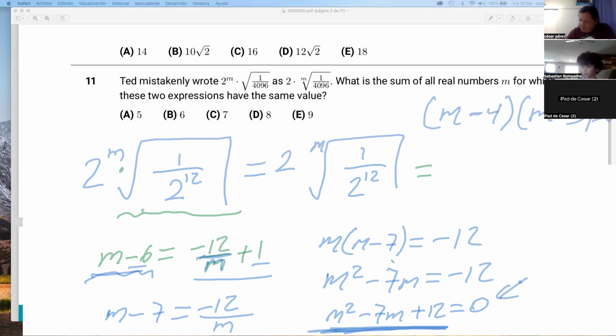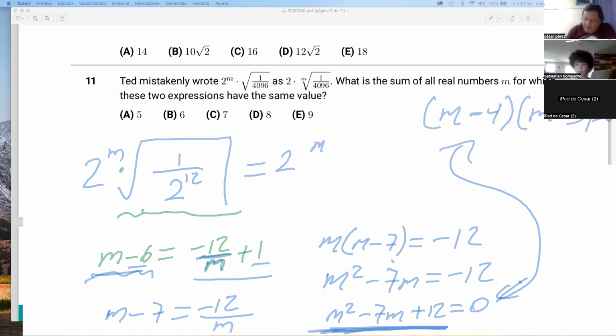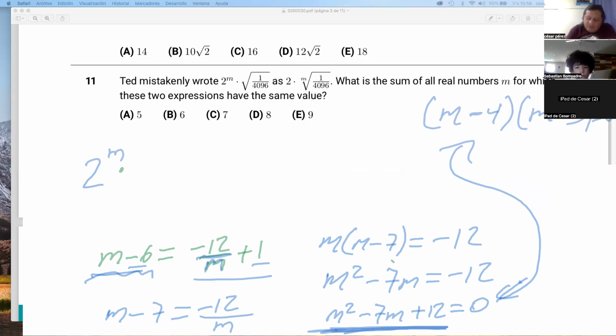Do you see that this is equal to this? Next week I want us to work with quadratic equations like this, where one of its members is a square.